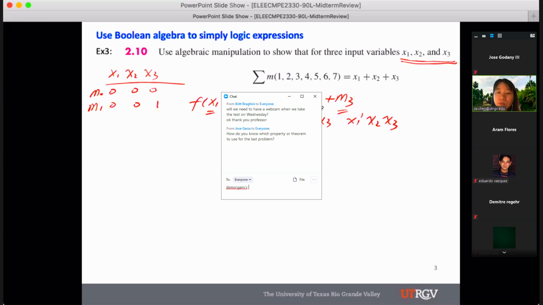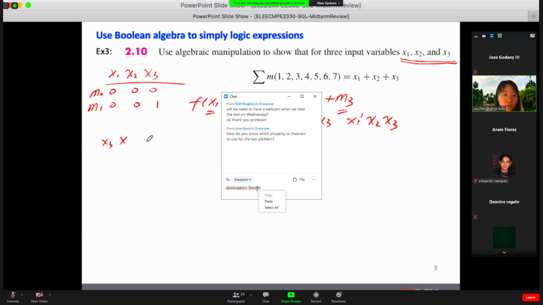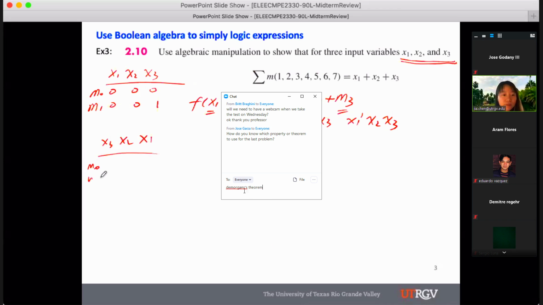You want to do this to avoid confusion, like thinking x3, x2, x1 and m0, m1. Usually we don't refer to it that way. So then in the future, when you see those min terms or max terms, you can connect to the right expression, either the product term or the sum term.